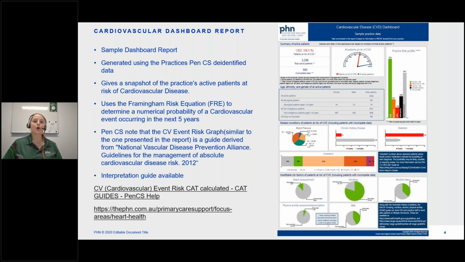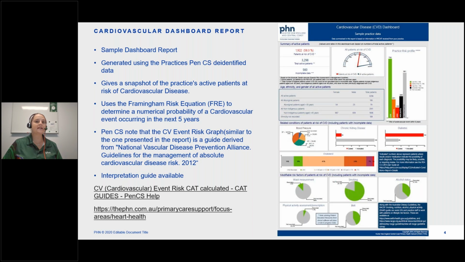So it's not your whole practice population. For example, of the 1,922 patients at risk of cardiovascular disease, there are also 194 patients that also have a coded diagnosis for diabetes. You may have other patients in your practice that have diabetes, but they haven't been identified as being at risk of CVD as well.